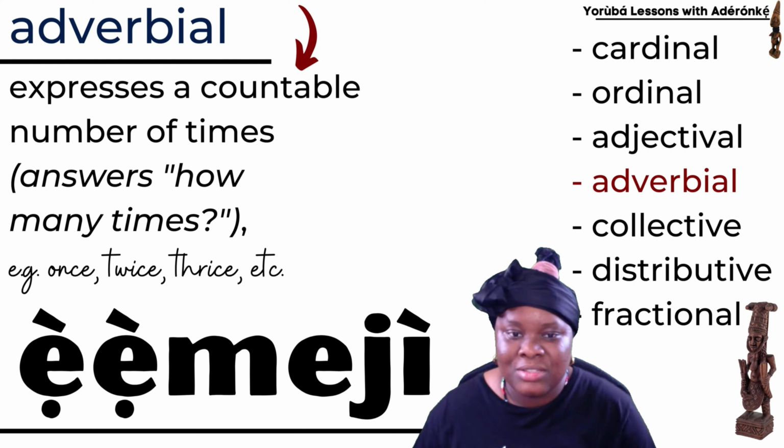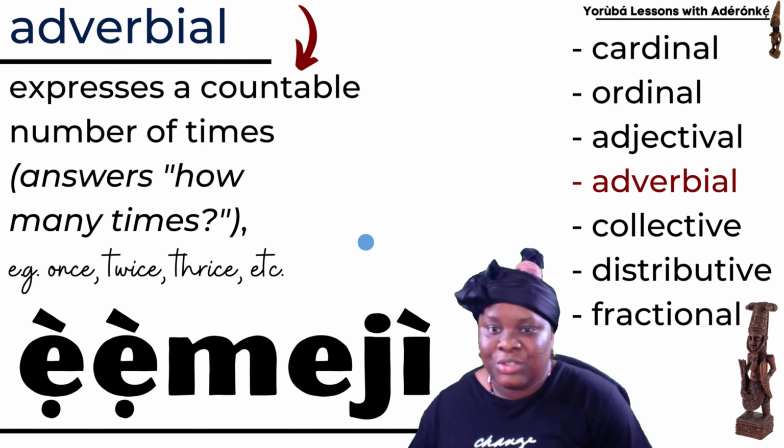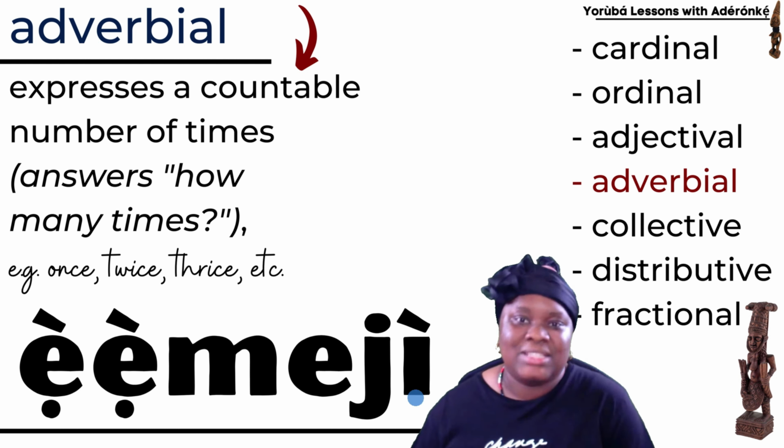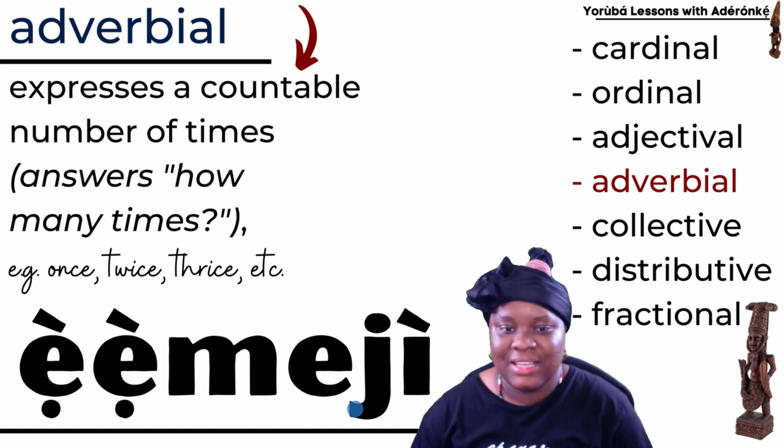Was it once? Was it twice? Which we're going to address because we're doing the number 2. So in Yoruba, twice is ẹ̀ẹ̀mejì. Ẹ̀ẹ̀mejì. Twice. That's 2 in the adverbial form.